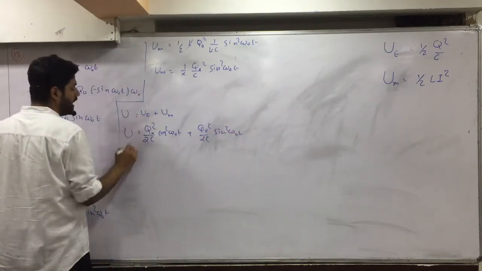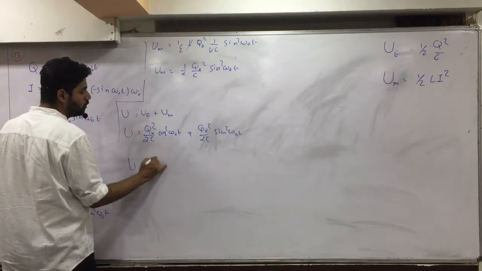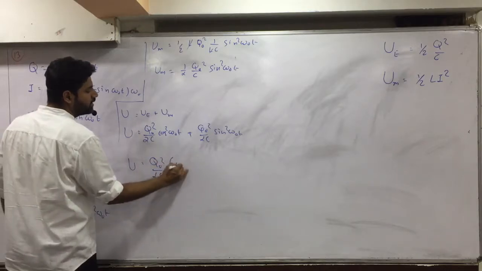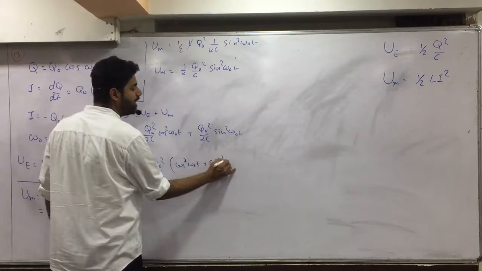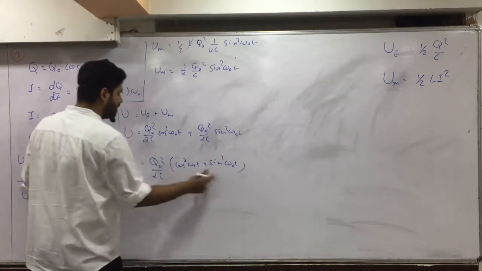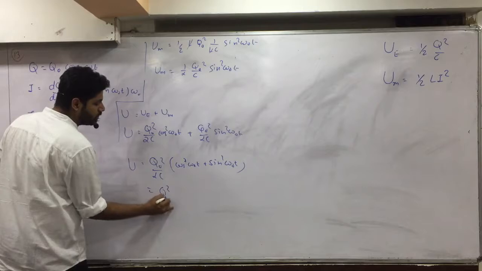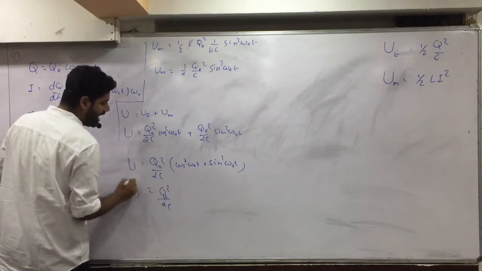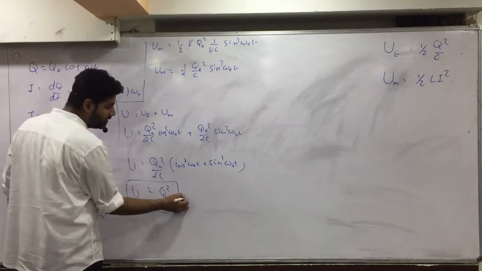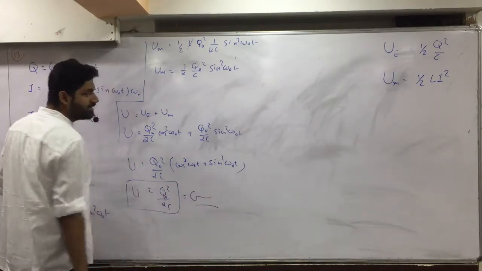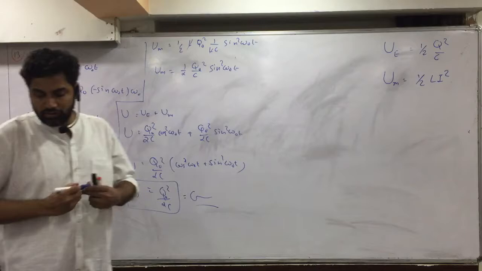And I can say that U is equal to q0 square divided by 2C, cos square omega 0 t plus sine square omega 0 t, and this is nothing but 1. So that's q0 square divided by 2C. Here q0 is a constant term, C is a constant term, so this whole thing is constant. Is it clear? So energy at any instant is constant.